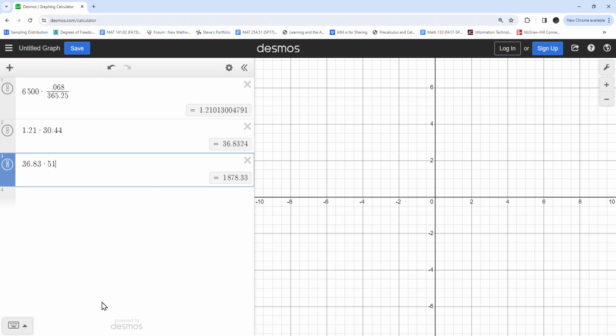Now I want to show you something. We did all of this crazy calculation to get to this 1,800. What we could have done is said, 51 months is the same thing as 4.25 years. So what if we just used I equals PRT, took the 6,500, times 0.068, times 4.25?